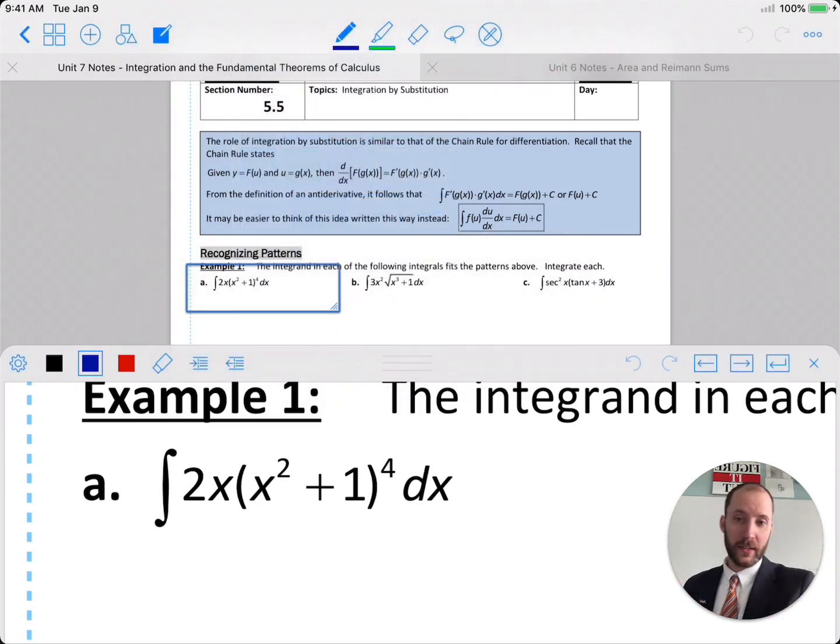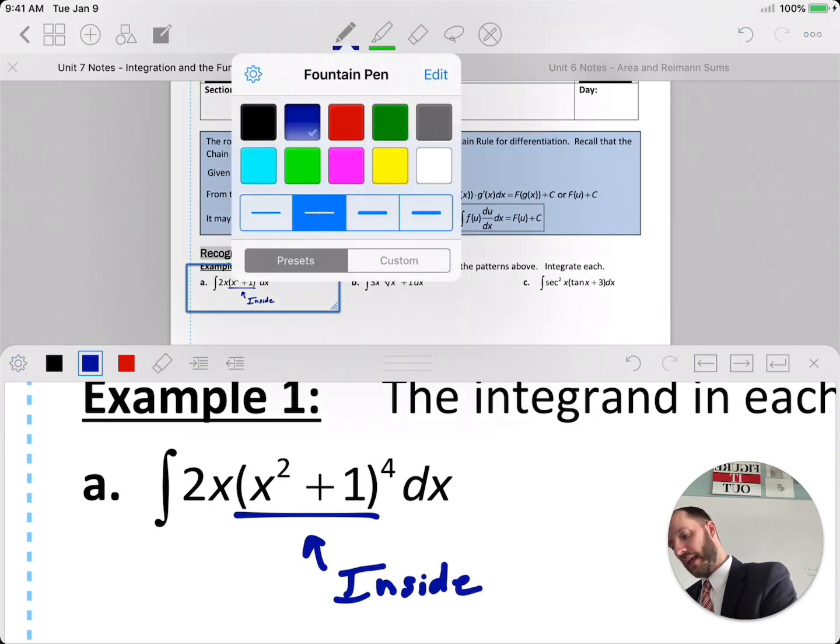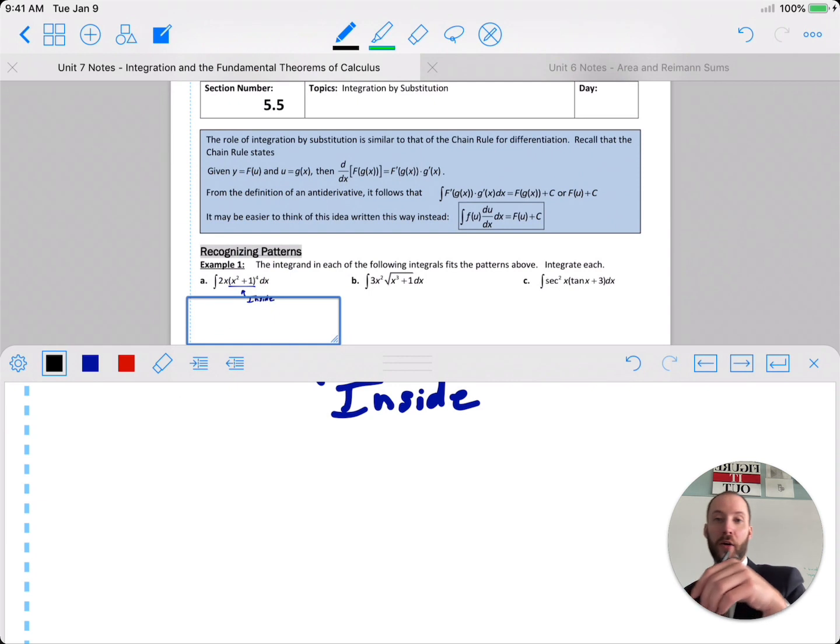Looking at this, we see the x squared plus 1 and the 2x. The derivative of an x squared is an x to the first. So x squared plus 1, let's call that our inside, and we are going to make that our u value.